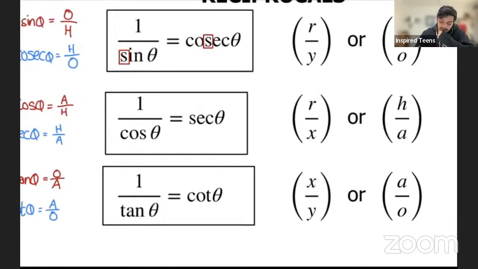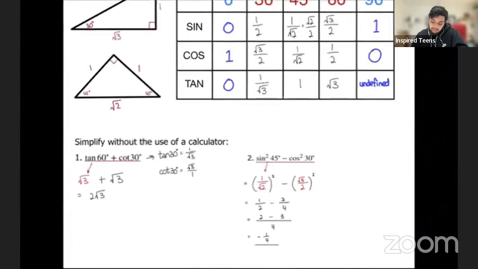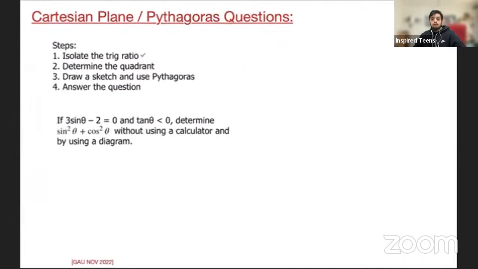So for cosec, the third letter is s, which means it belongs to sine. The third letter of sec is c, which means it belongs to cos. For cot, the third letter is t, which means it belongs to tangent. That's just an easier way to remember it. Let's move on to a question.